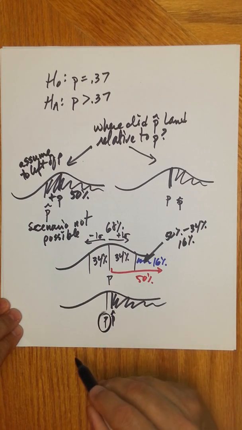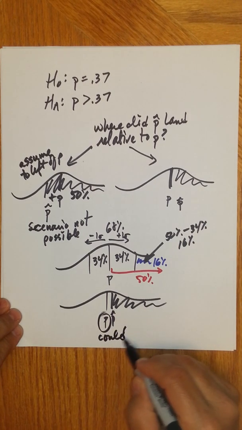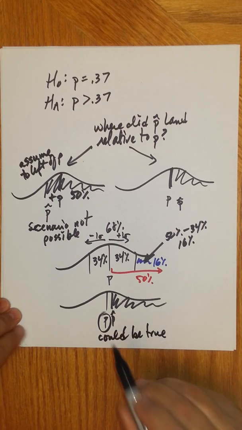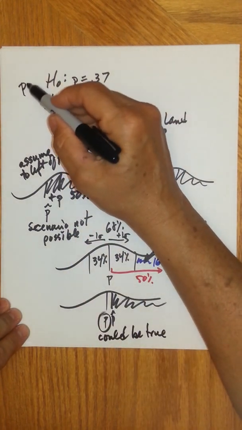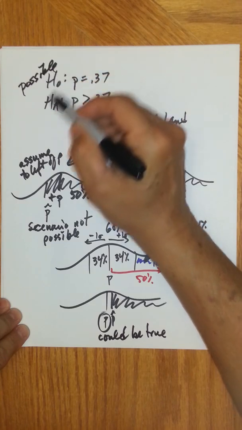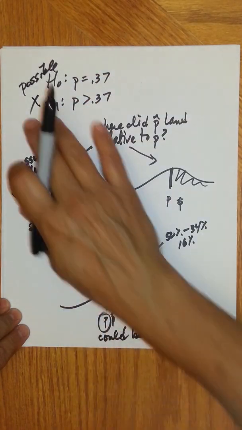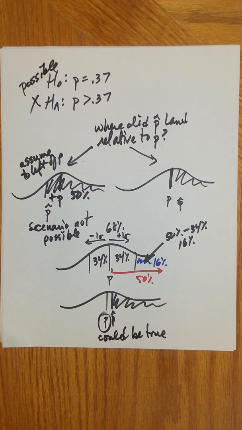Therefore, our null could be true. And if the null could be true, then what's not likely to be true? The alternative. So we would come up with the same conclusion. This is more of a visual way, and the other way was more of a written way. Thanks so much for listening.